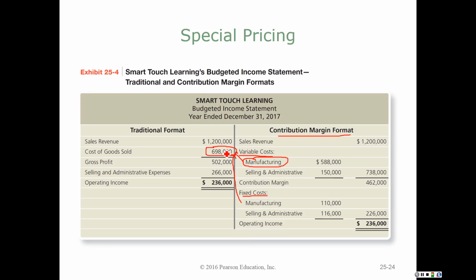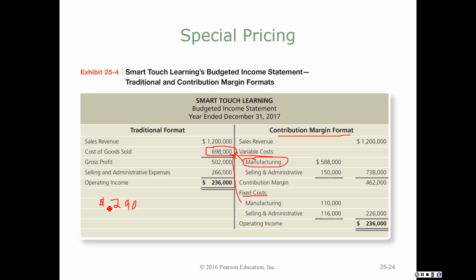If I take the $698,000 and divide it by 2,400 tablets, we're saying that it costs us $290.83 to manufacture these tablets.